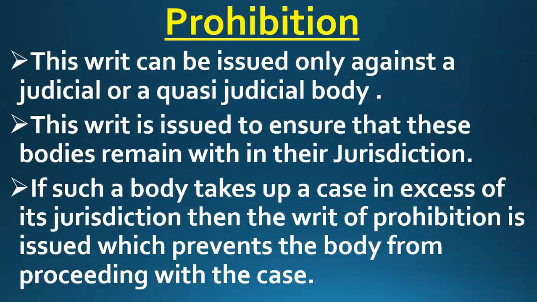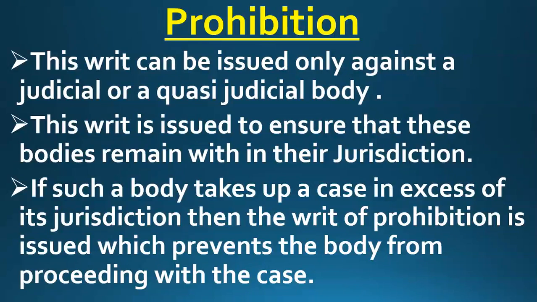By issuing it, they prevent these bodies from proceeding with the case. They stop these bodies and then order them to transfer the case to the High Court or Supreme Court.